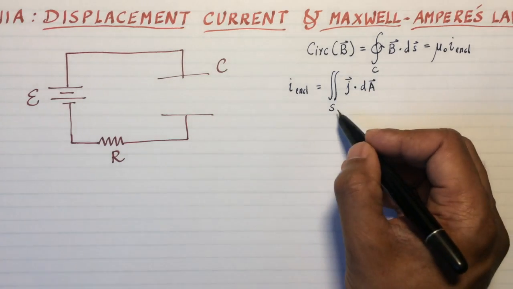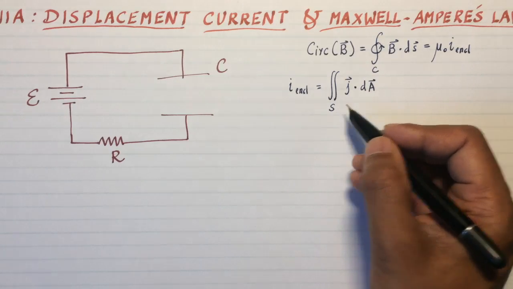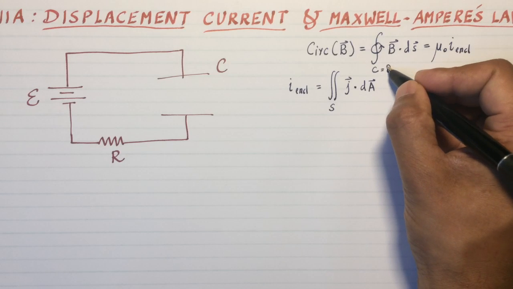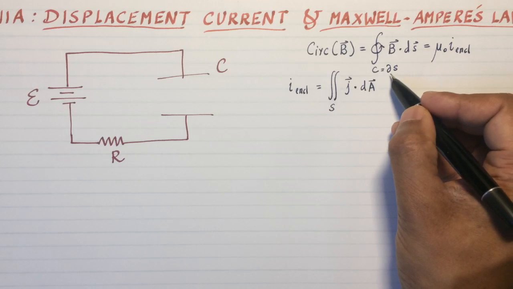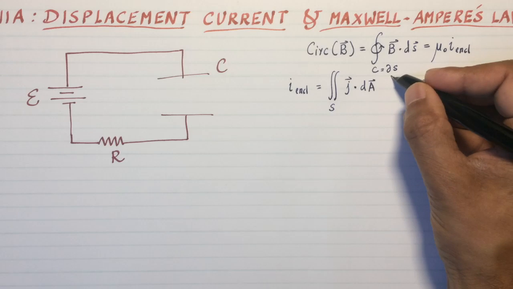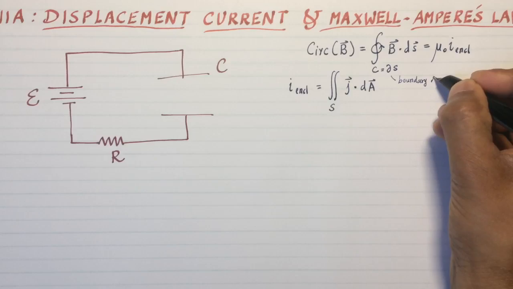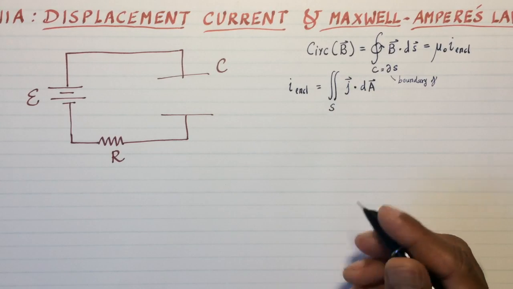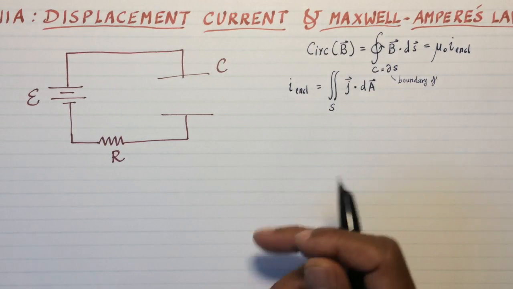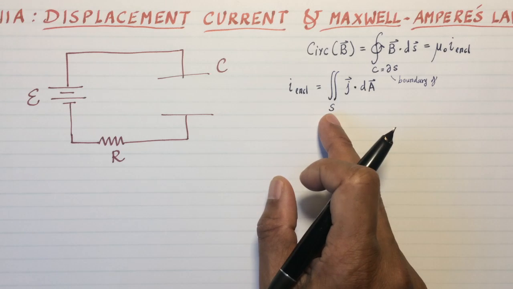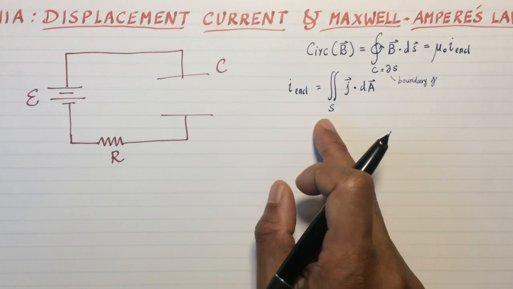It doesn't tell you anything else about that surface other than that the curve should be the boundary of that surface. So del here means the boundary of something. So that's all Ampere's law says. It doesn't tell us anything about the kind of surface S for which this is true.